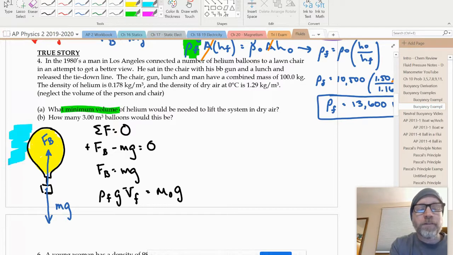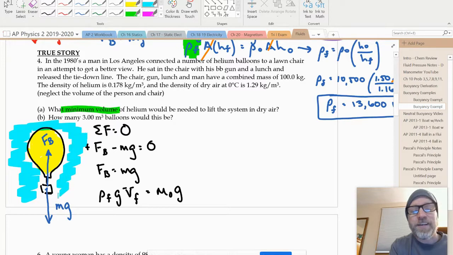But it does have a mass. So over on this side, the volume of the fluid displaced would be the volume of the balloon. Density of the fluid, that's the air. But this mass here has to be for the object and the balloon.